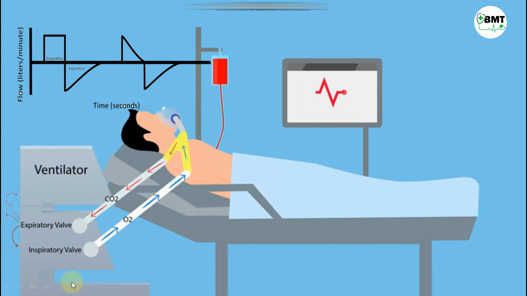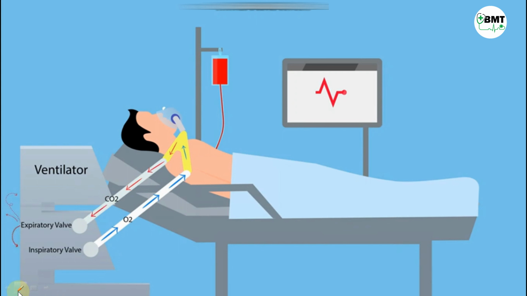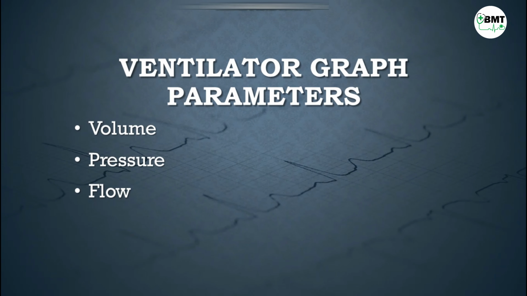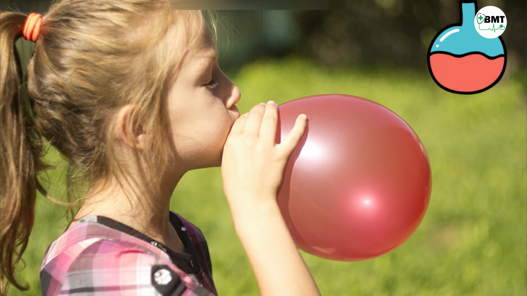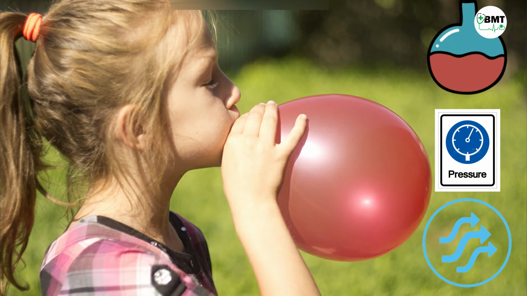It means the flow direction is reversed during expiration. So flow will be positive in inspiration and flow will be negative in expiration. So in this way, these three parameters are considered in the graph. That is, volume we are delivering with a certain amount of pressure and flow of air.